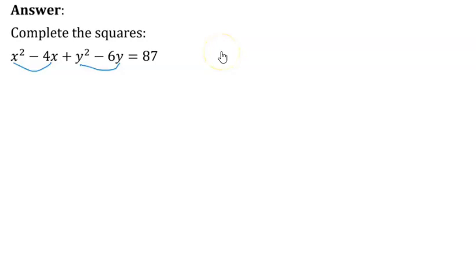So to complete the square, I need x squared minus 4x. I need to add half of the middle term squared, and then I can either subtract it again on the left hand side, or I can just add it on the right hand side.